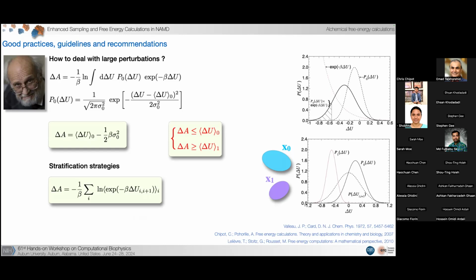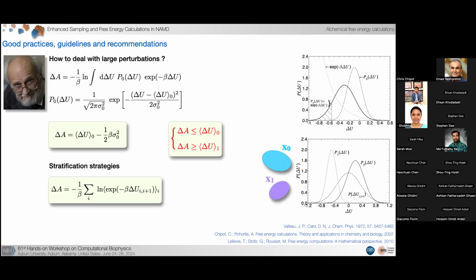And now imagine that we are in a perfect world where everything is Gaussian. I would love to live in that world. And so my P0 delta U is this guy here, okay? And so when you multiply a Gaussian function by an exponential, you get another Gaussian function that is shifted to the left.